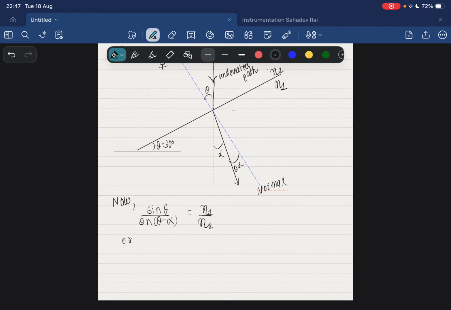So n2 sin theta equals n1 sin of theta minus alpha, or n2 sin theta equals n1 times sin a cos b minus cos a sin b.